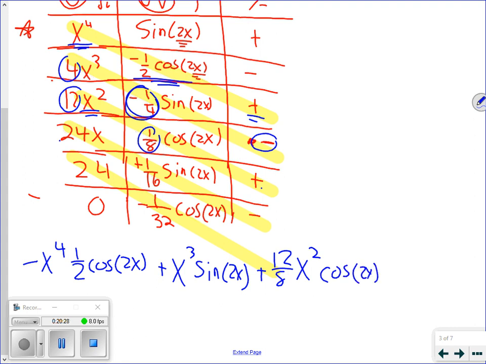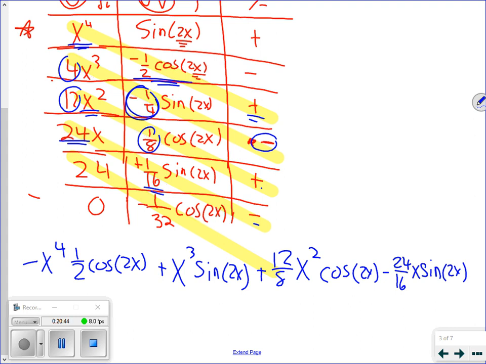The next diagonal is 24 times 1/16, negative, so that's actually going to be minus 24 over 16. We have an x, we have a sine of 2x, and that's it.